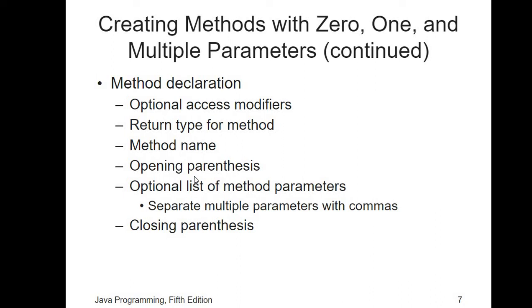On our optional list of method parameters, these are separated by commas, kapag meron tayong multiple parameters. Take note, separated by commas. Then, lastly is your closing parenthesis. This is how we declare now our method.